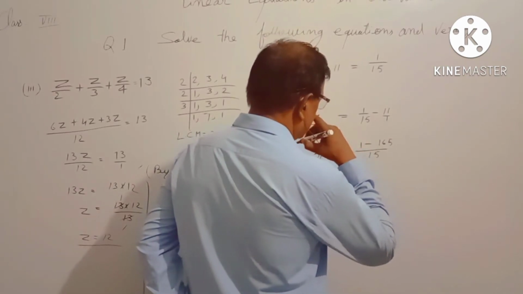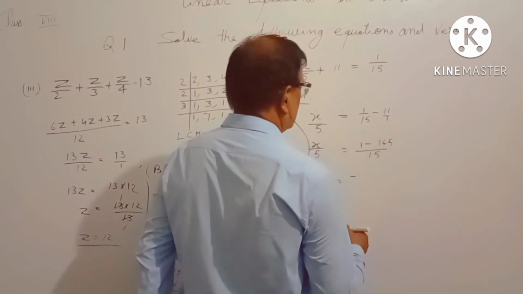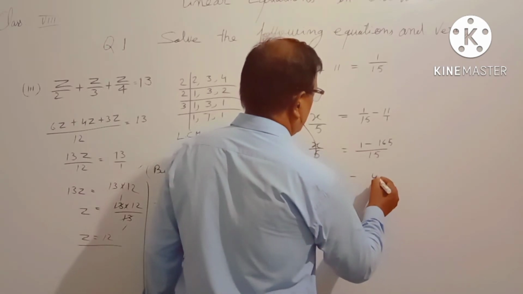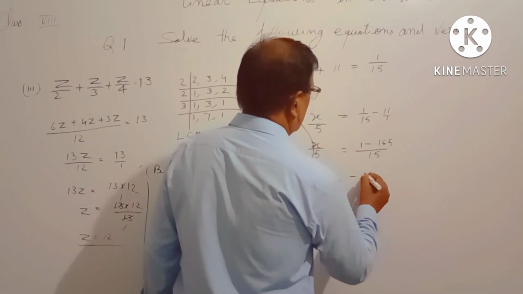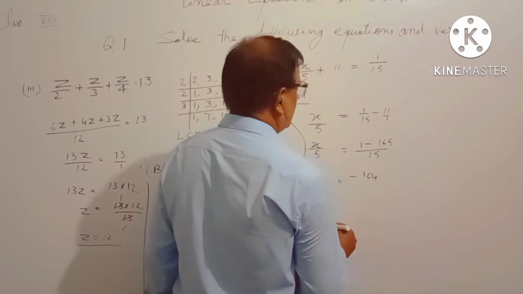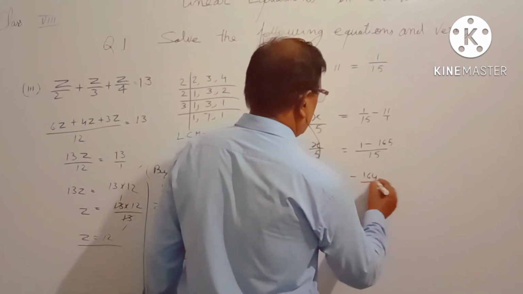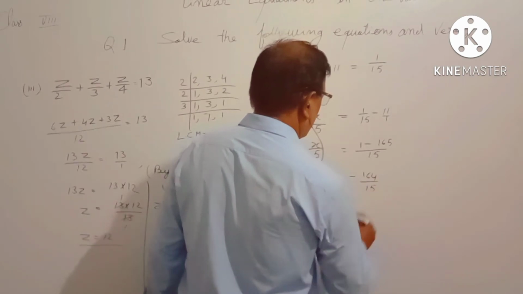Now we are seeing here x by 5 equal to minus, because the positive value is less and the minus is more, so we will find the difference. It will be 4, 6 and 1, divided. So the denominator here is 5.